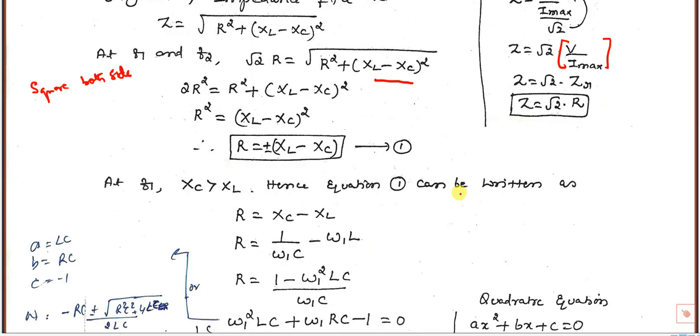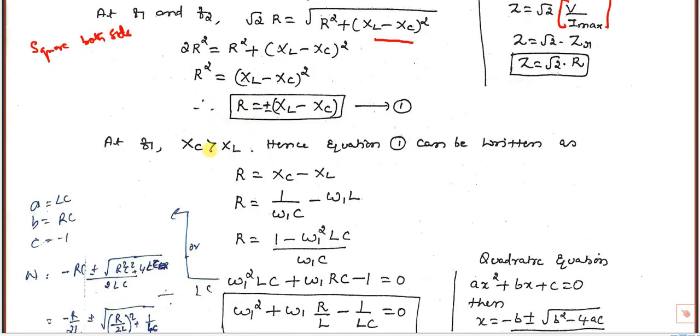So let us consider at f1. At f1, XC is greater than XL. Hence, equation 1, where plus or minus is there, can be written with XC greater: R is equal to XC minus XL.